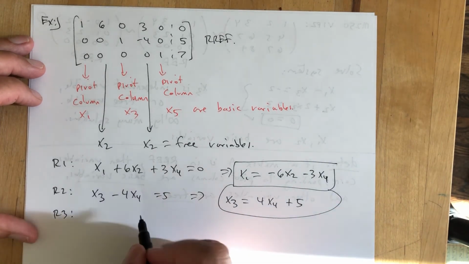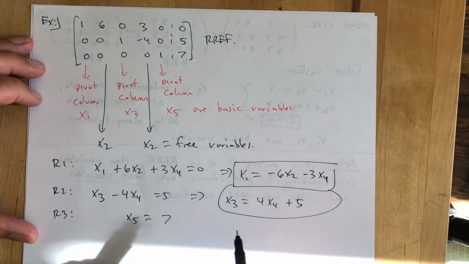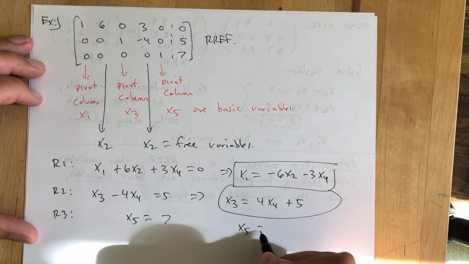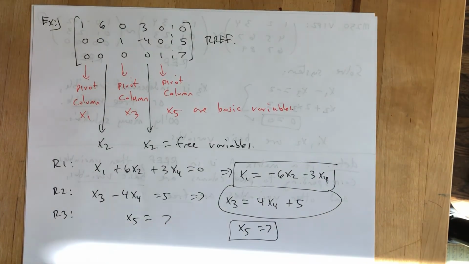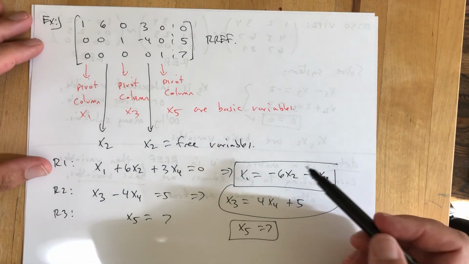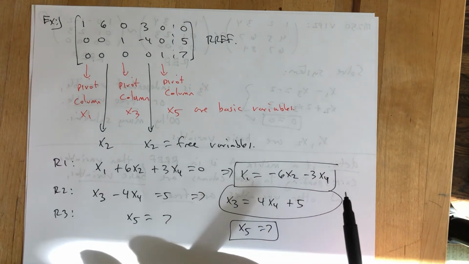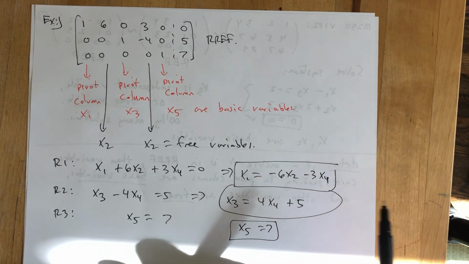And then row 3 says x5 equals 7. And that's just a constant, right? So in this solution, x1, x3, and x5 are basic variables, and you choose x2 and x4, and you'll get infinitely many solutions of this form. All right.